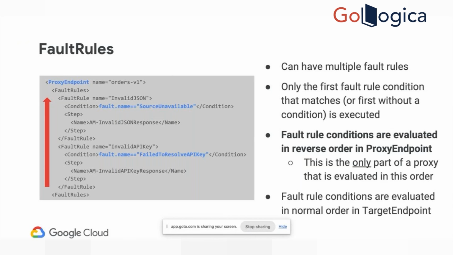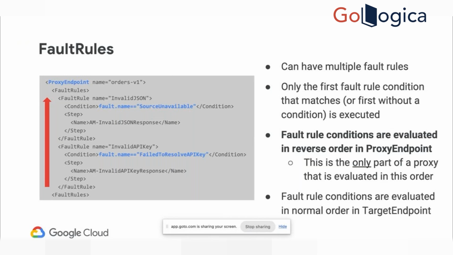Whichever fault rule is at the bottom will be executed first. That is the only section in APG executed from bottom to up. I don't know why, but it is the only section. In the target endpoint, if you have fault rules, that will be top to down. But in the proxy endpoint, if you have multiple fault rules, it will be bottom to up.